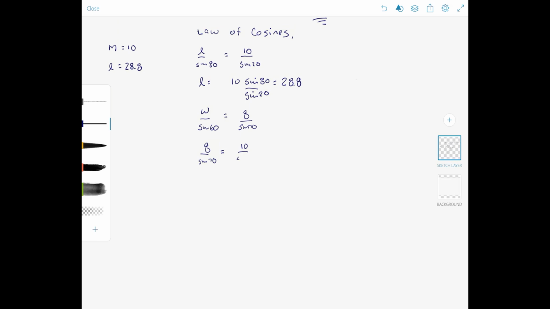The only time I used the law of cosines was trying to find Z. So I found P, and I'm working my way up to find all of these different lengths using the law of sines. V, which is useless, I found was 10. G was 18.8. That was one of the sides.